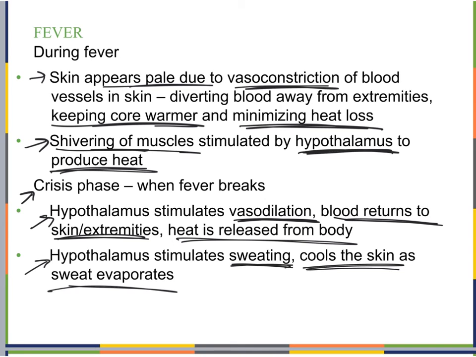And when we put water on the surface of the skin, it's much easier to transfer heat from our bloodstream into the water on the surface of the skin. And then when the water on the surface of the skin evaporates, it takes that heat with it. And therefore it cools the body because we're releasing the heat that way.